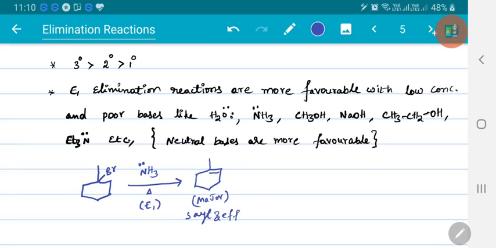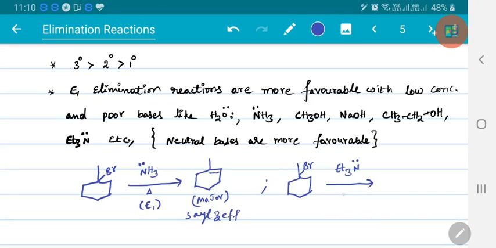Now instead of ammonia, if I take a bulky substituted base, for example if I take the same system and I have taken triethylamine, now because of crowding, this amine always prefers to abstract the less hindered acidic hydrogen. So it goes and attacks the system where substitution is less.